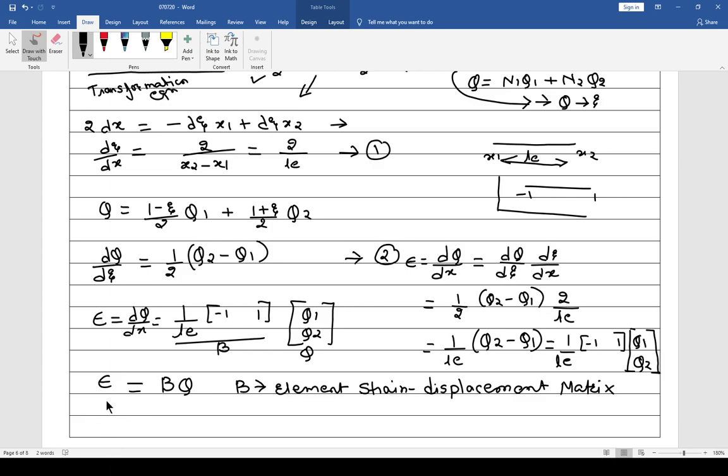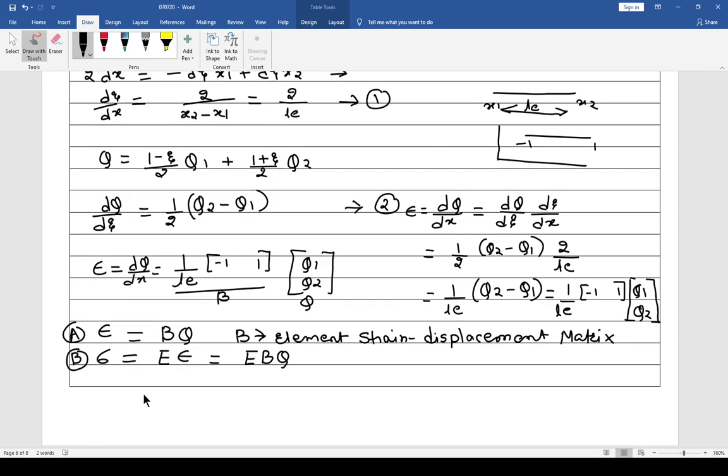So how am I going to get sigma now? Sigma equals modulus of elasticity into strain, and that is how I get E, B and Q. These two relations are now sufficient to derive my energy equation. The process is very simple, and this is the same process we are going to repeat again and again.